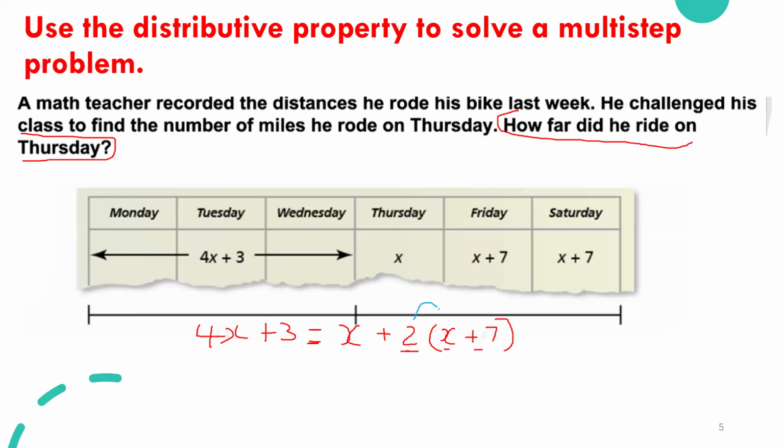So we're going to multiply 2 times x, which is positive 2, because we have a plus there. It's going to be positive 2x. And then we are going to multiply positive 2 times positive 7, which is what? Positive 14. So there you have it. We distribute. Now, what we're going to be doing is writing all of those terms that we haven't used yet.